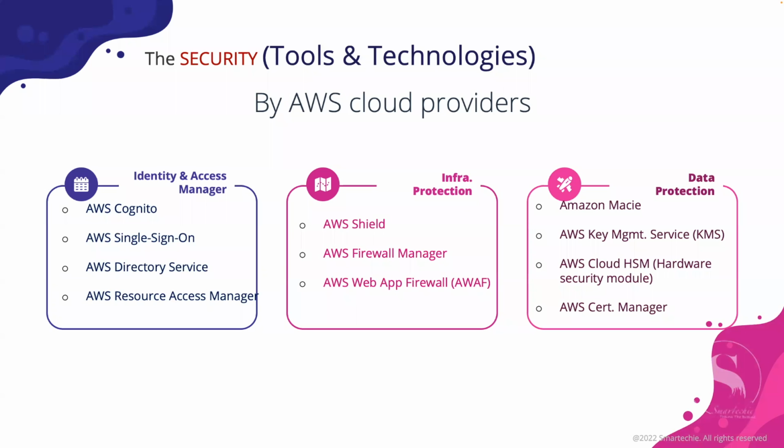If we talk about how we can implement identity protection, there is a managed service called Identity and Access Management, the IAM service, which is provided through multiple services called AWS Cognito, AWS Single Sign-On, AWS Directory Service, and Resource Access Manager.